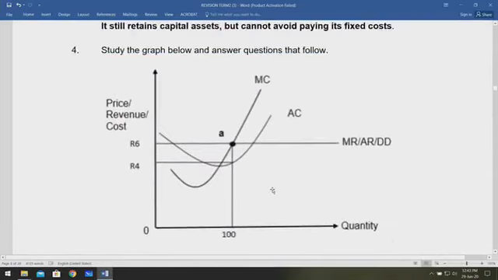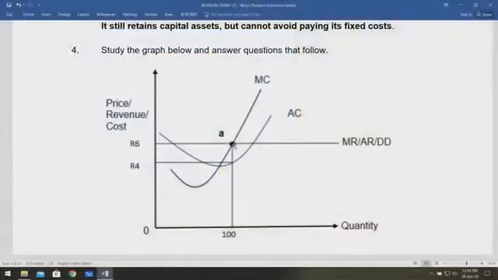So the point where the business makes its most profit is where your MC equals your MR. Profit maximization point in any business, whether you are working within a perfect market structure or an imperfect market structure, is always at the point where MR equals MC. Now, what I would like you to remember also, another term for profit maximization is the minimum loss that is made, right?